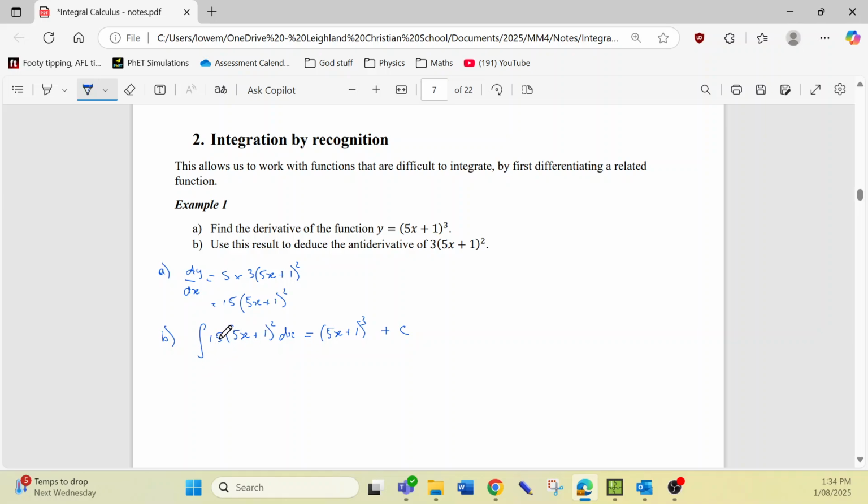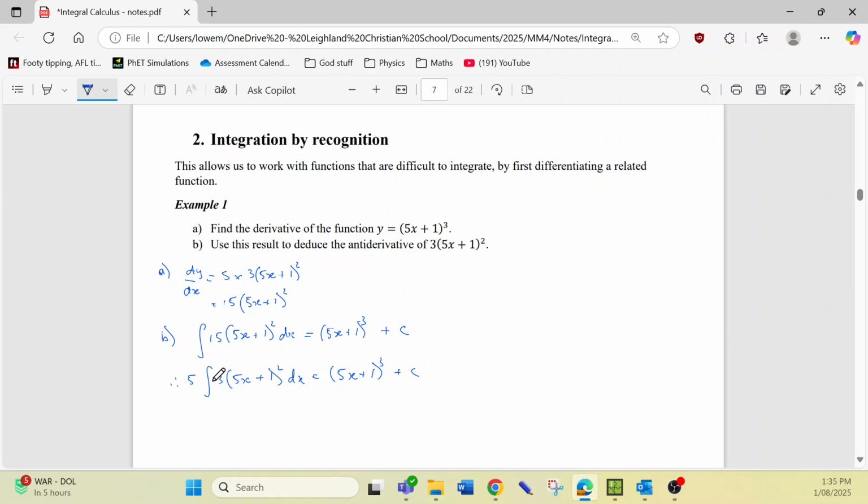So what we can do is look at this 15 and separate that out, basically going back to this part here. We can take this 5 out the front, multiplied by the integral of 3(5x + 1)^2 dx. That must also be equal to what we've got here of (5x + 1)^3 + c.